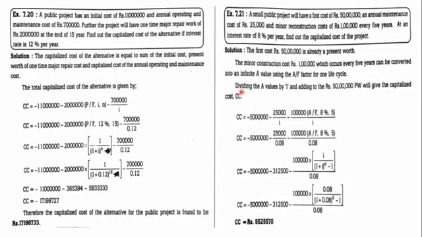They are only saying you have to make minor changes, and for those minor changes the cost will be 1 lakh rupees. Means they have not given any life for the project, hence we have to take the i, the rate of interest, to convert the non-annual value into an annual value.